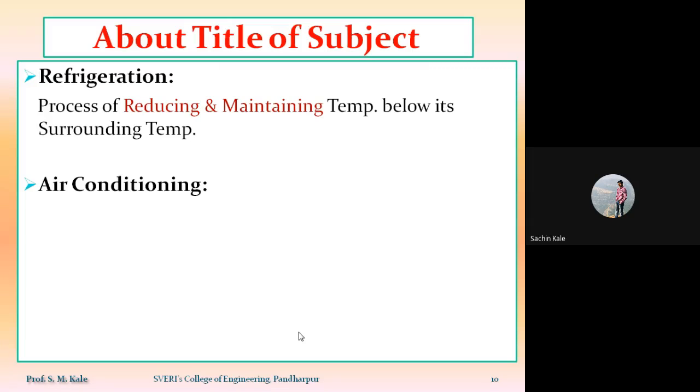But in case of air conditioning we have to simultaneously control 4 parameters. The first is the temperature, the second is the humidity, the third is purification of the air, and the last is the air velocity.